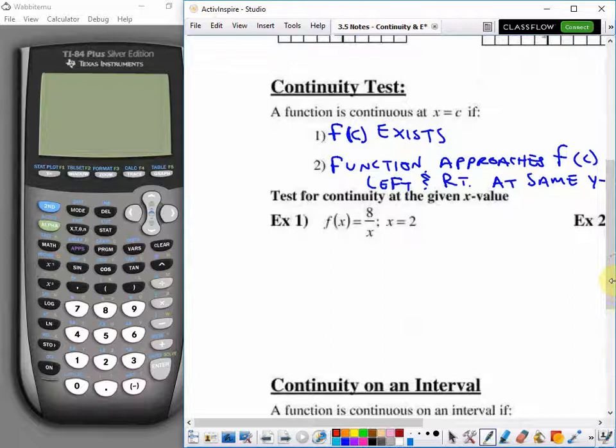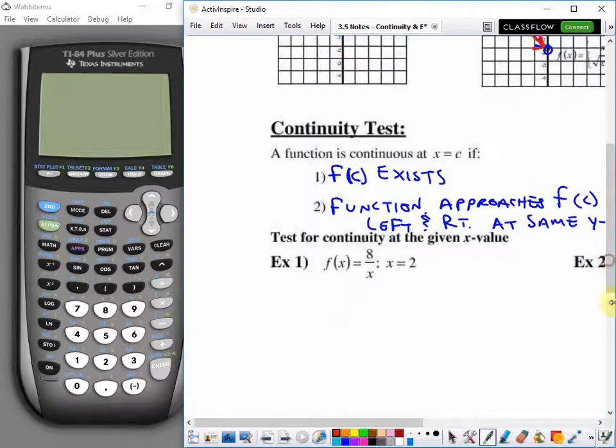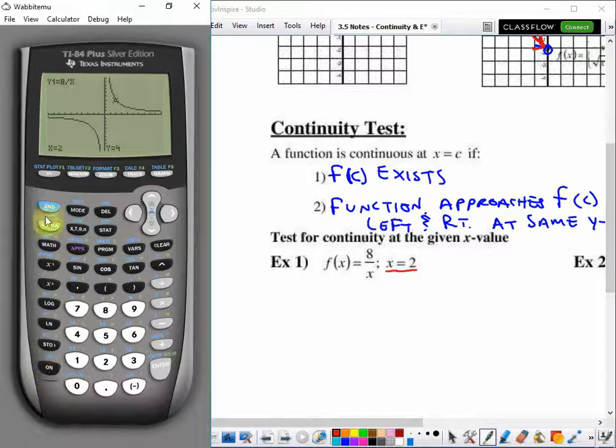Next, we're going to test a function for continuity at a particular x value. So we're going to check, is this continuous at x equals 2? I've got the calculator here for this reason. So on our calculator, in y equals, put in 8 over x, and go to the graph.